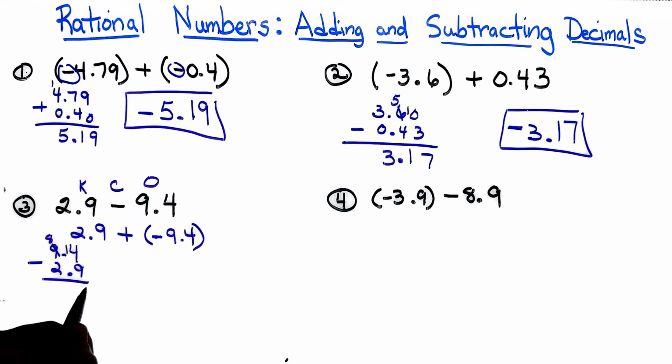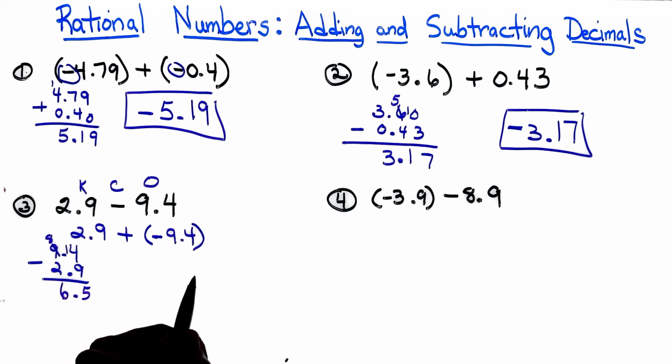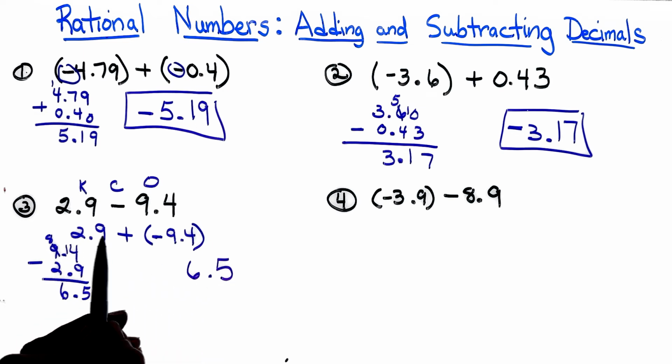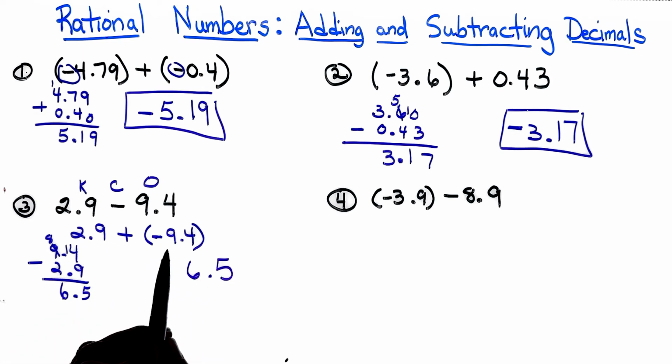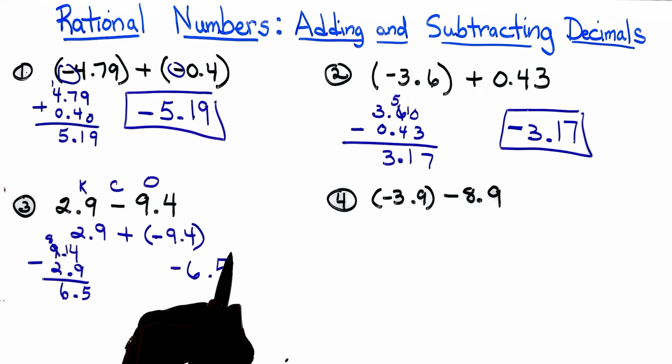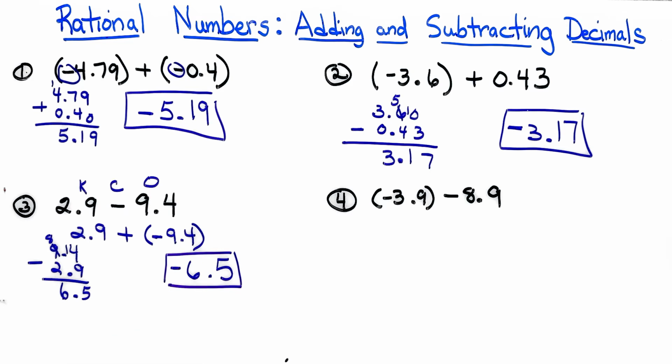And 14 minus 9 is 5. 8 minus 2 is 6. So right now, I know my answer is 6 and 5 tenths. I've got to find out, is it going to be positive or negative? I'm going back to my problem here, and I see I have more negative than I have positive. So the answer is negative. It's funny how so far they all turned out to be negative.